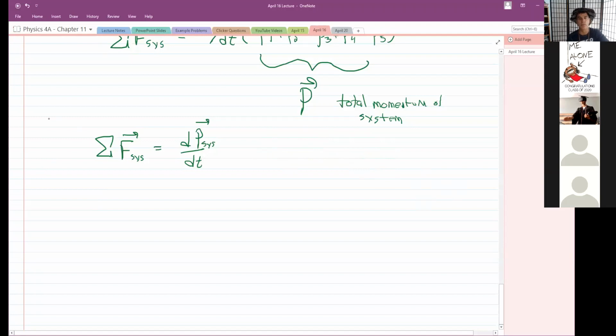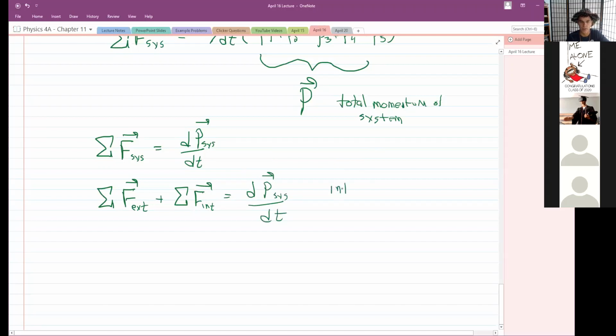I'm going to consider the sum of the forces on the system to be 2 separate sets of forces. I'm going to look at first the sum of all the external forces on the system, just call this external, plus the sum of all the internal forces on the system has to equal the change in momentum of the system.